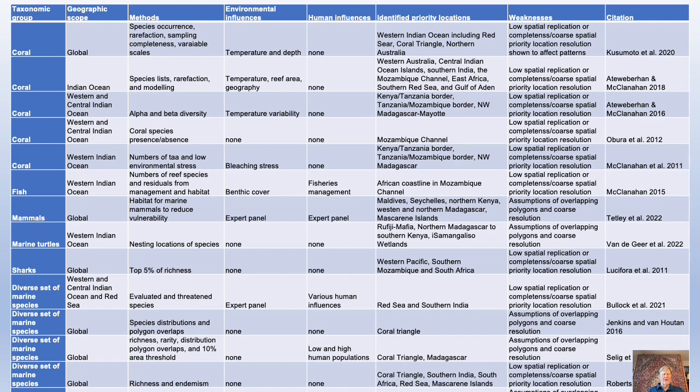One is that they generally produce very coarse scale resolution patterns in space. In many cases, they're looking at many sites over very large areas, and many of the recommendations that come out of these studies are to identify very large areas of coastline. It might be the entire northern Madagascar, the coastline of Tanzania.